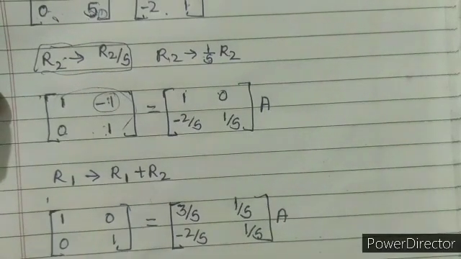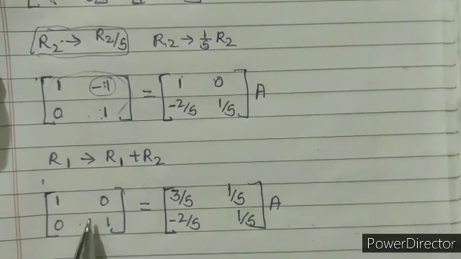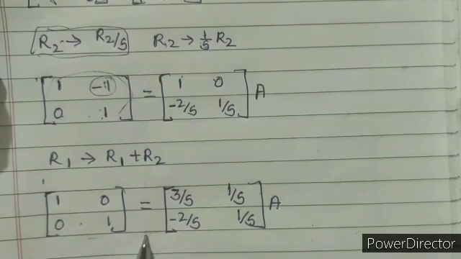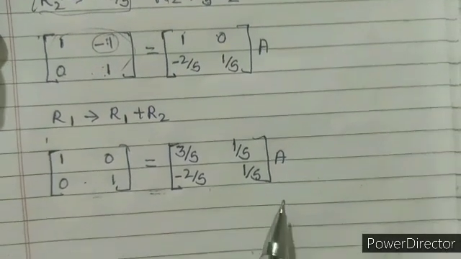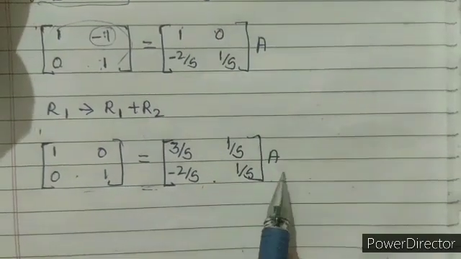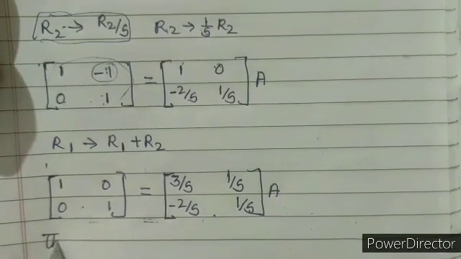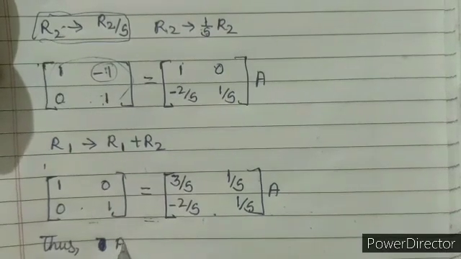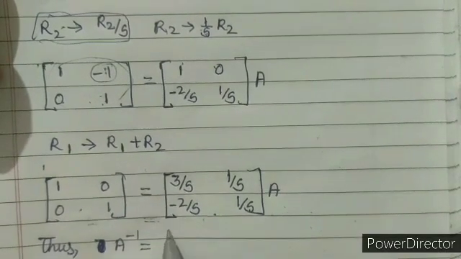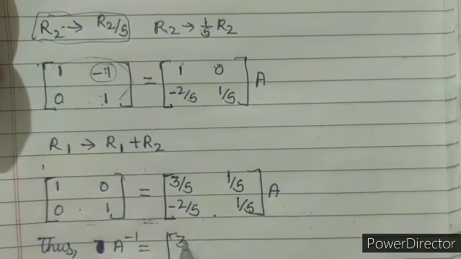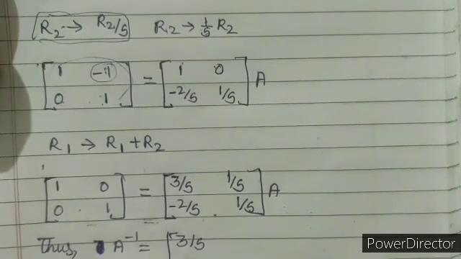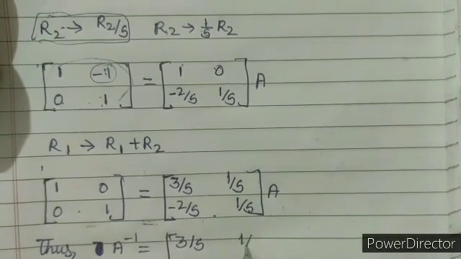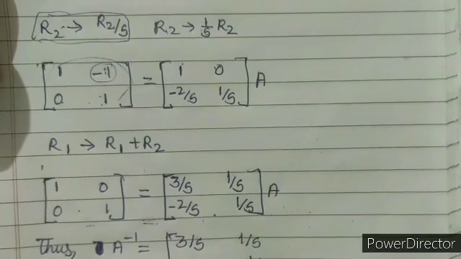Now we have obtained a matrix in the form I equal to BA. That means this B matrix will be the inverse of A. Thus we can say that A inverse is equal to 3 by 5, minus 2 by 5, 1 by 5 and 1 by 5.